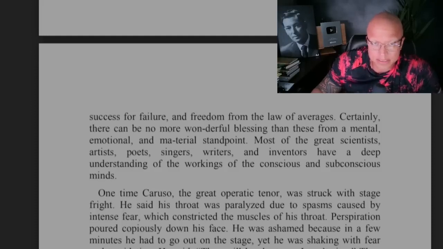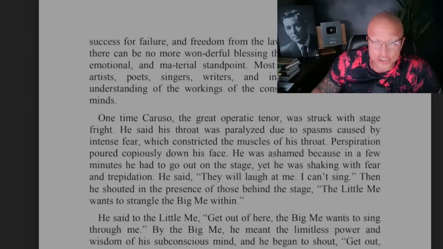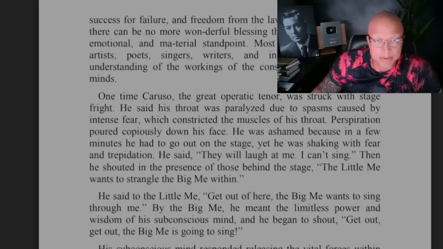Perspiration poured copiously down his face. He was ashamed because in a few minutes he had to go out on the stage, yet he was shaking with fear and trepidation. He said, "They will laugh at me. I can't sing." Then he shouted in the presence of those behind the stage, "The little me wants to strangle the big me within." He said, "The little me, get out of here."